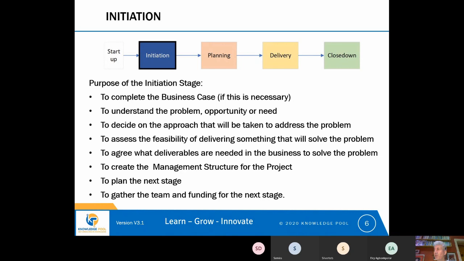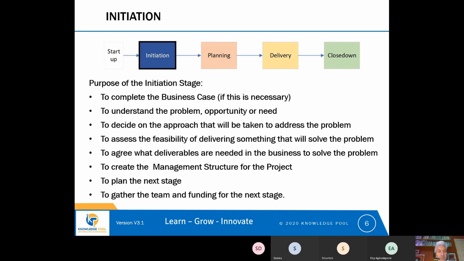Once we reach the end of the delivery stage, the project has delivered what it's going to deliver, and there's not much point then reviewing and validating the business case. But it's during initiation that the bulk of the work to build and validate the business case is done.